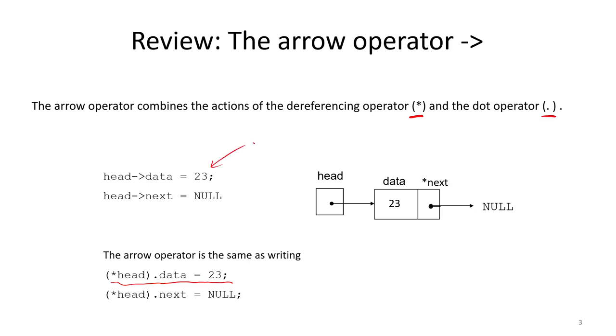Basically what we're doing is we're saying, go where the head pointer points. That's the asterisk part. And then we use the dot operator part, which is we set the data value in our struct to, in this case, value 23.